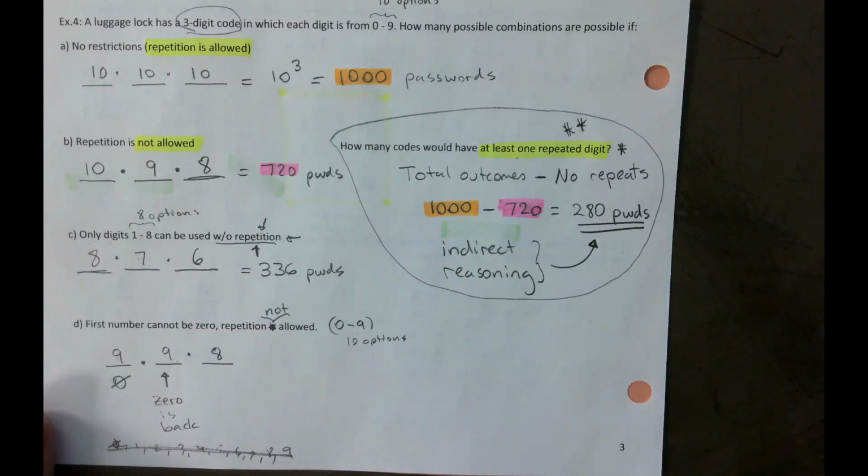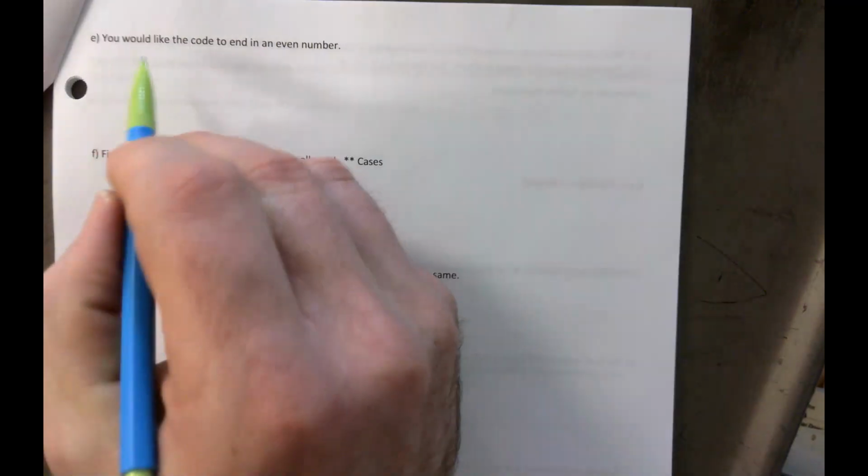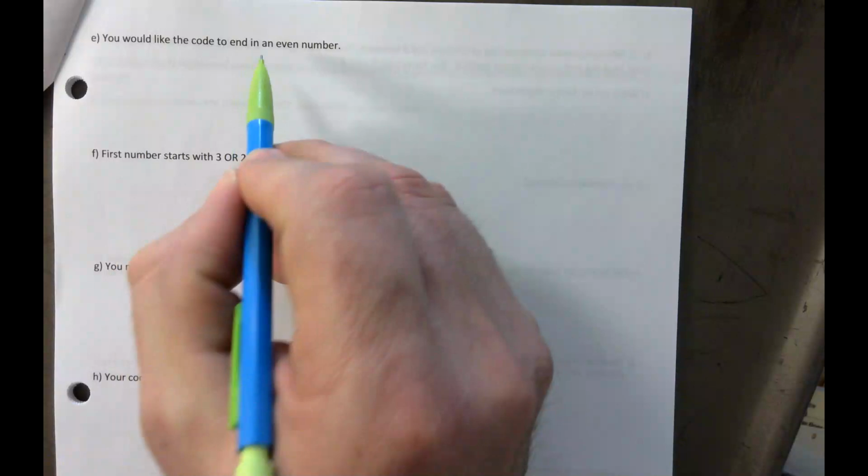Okay. Page 4. Let's go there. We're still dealing with the 3-digit code, by the way. You would like the code to end in an even number.